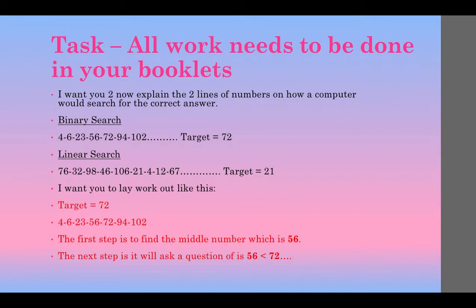Now, that can either be done in your booklets or on the computer. I don't really mind. All right, but as I say, you can do that in a table, so you can have binary search, so what's good about it, what's bad about it, and then linear, what's good about it, what's bad about it also, okay? But that's only when you have finished these, okay? So these targets, these binary searches and linear searches, okay?